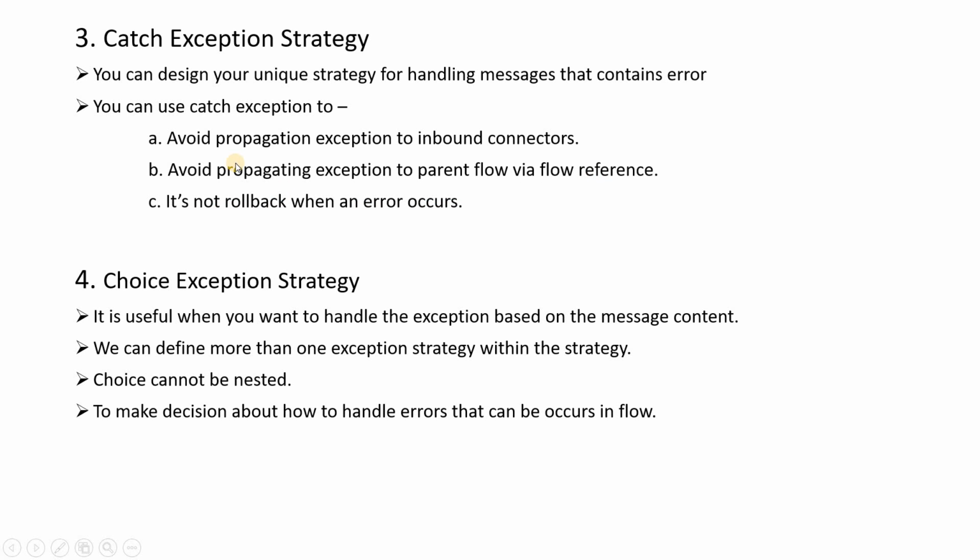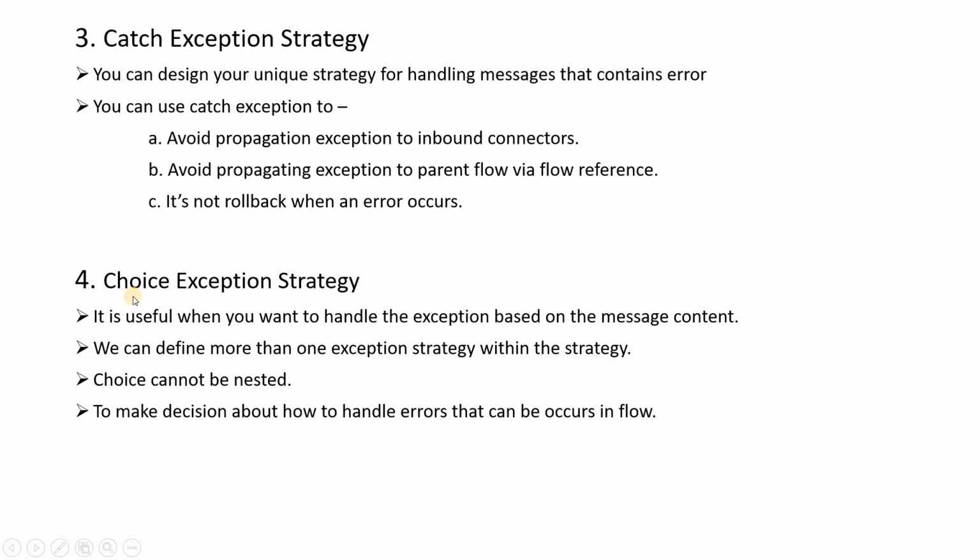So this is the exception where we can't roll back that particular request in case of errors. In catch exception, we just catch those exceptions and handle them for that particular flow, and then we set the messages and send them to the users as per the requirement. So this is about the catch exception strategy.